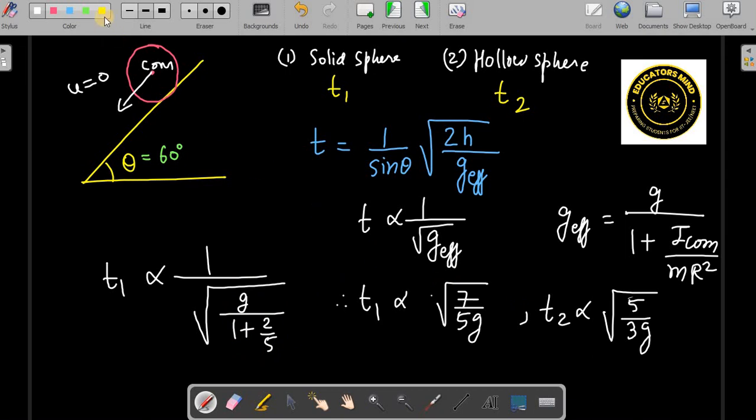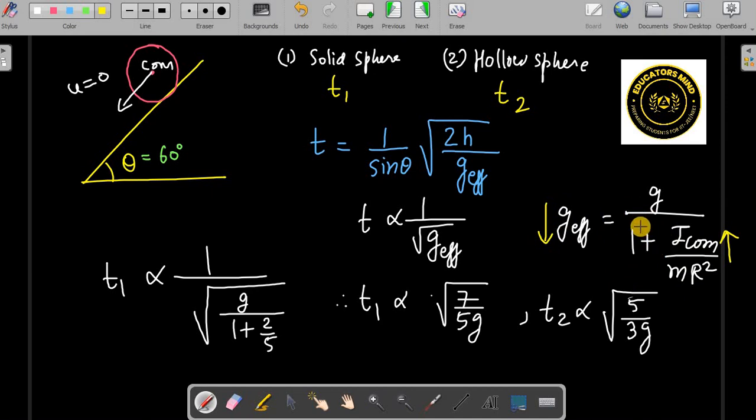Okay, so now you can compare this, which is larger, which is smaller. So if you want, you may take ratios also to compare, isn't it? Or here itself you can compare, because this factor I center of mass is larger for hollow sphere. So as this factor is larger, this whole denominator is going to increase, so g effective will decrease.